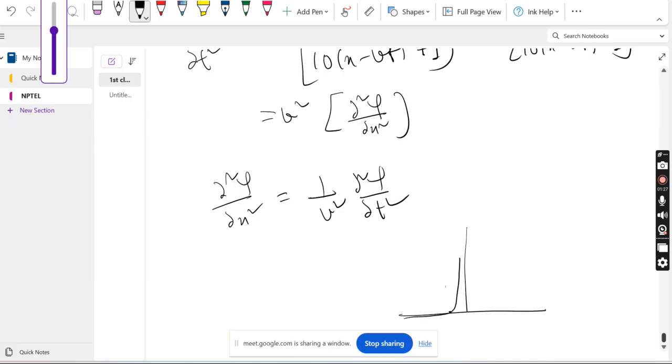The shape needs to be symmetrical, and that's how it moves in this direction.